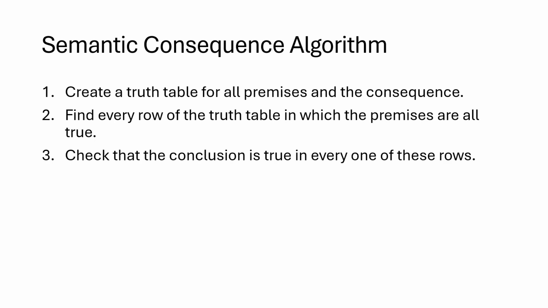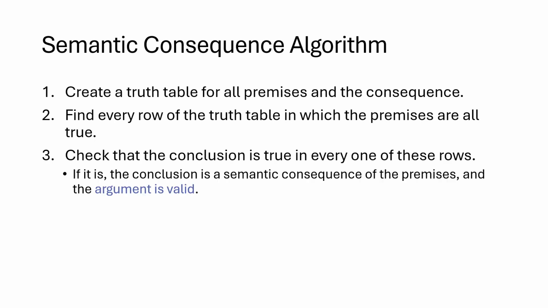And then there are two possibilities. It's either that on all those rows where your premises are true, on each and every one of them, your consequence or your conclusion is also true. In that case, we have shown that our argument is valid.